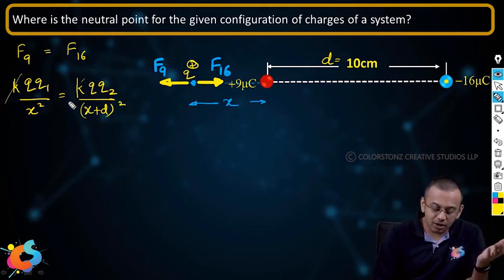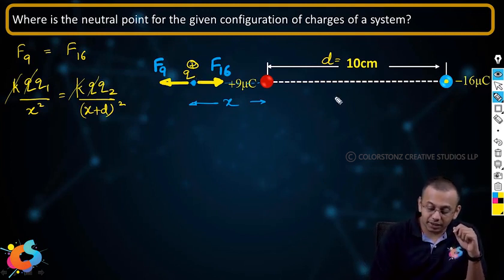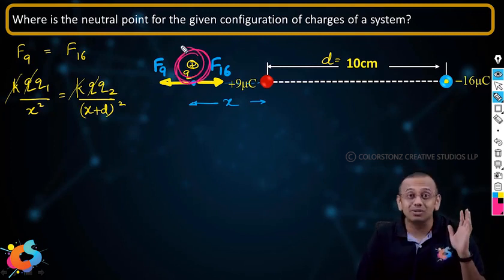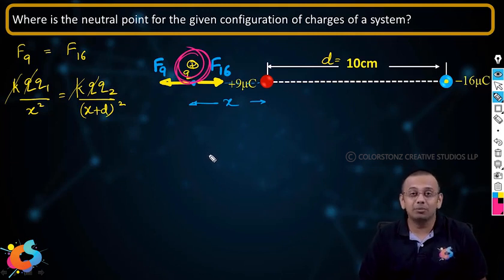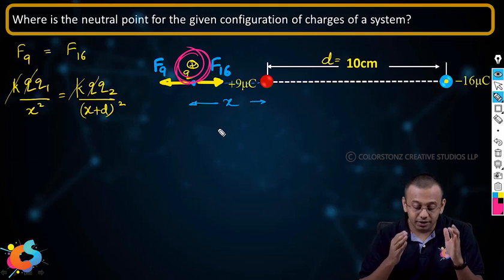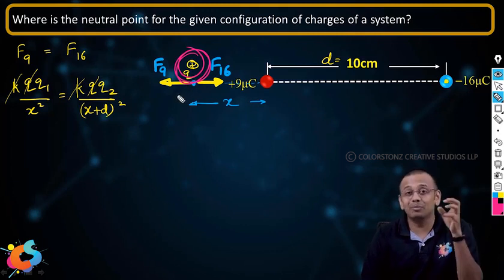The k cancels out, the Q cancels out, so we can again see the sign of this charge is irrelevant. This is a very important point which you must remember. Please note that the location of the neutral point is independent of the sign and magnitude of this small charge q which we are putting there.